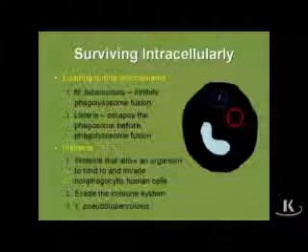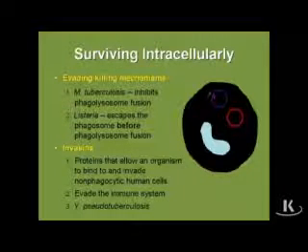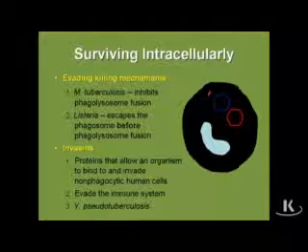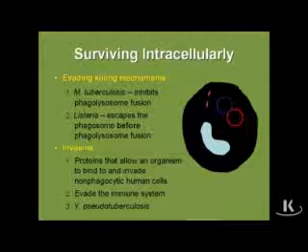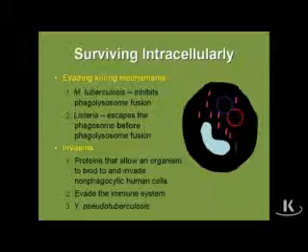So it escapes the phagosome before the phagosome and the lysosome fuse. And then, as you can see, in the cell, it just starts replicating intracellularly. Listeria, once it does this, can also polymerize actin, and it can propel itself into neighboring cells without actually getting outside of the cell. Now, how clever is that for a lowly prokaryotic bacteria?